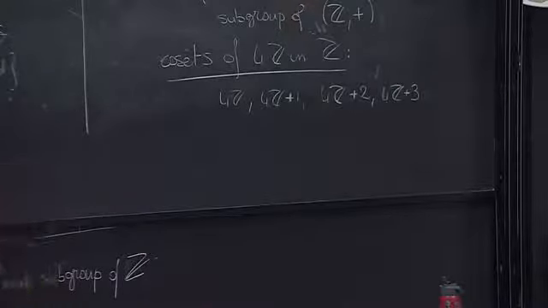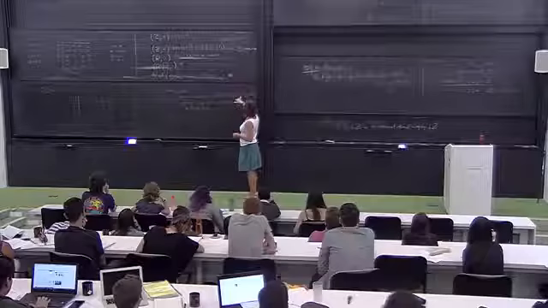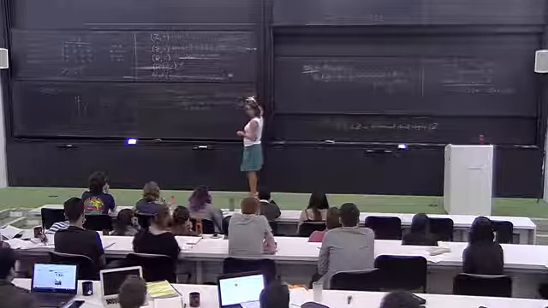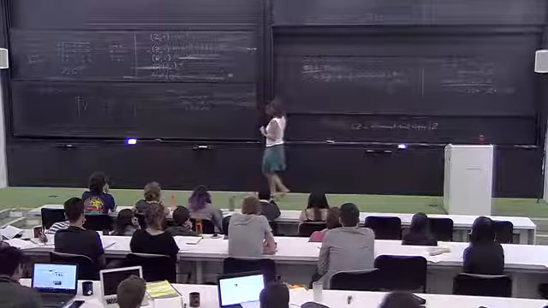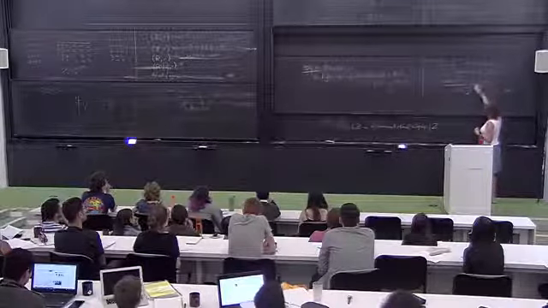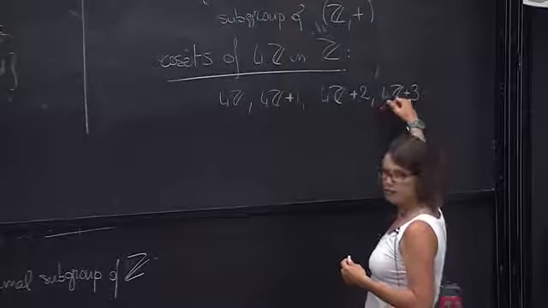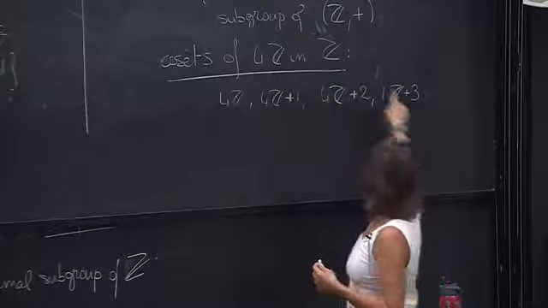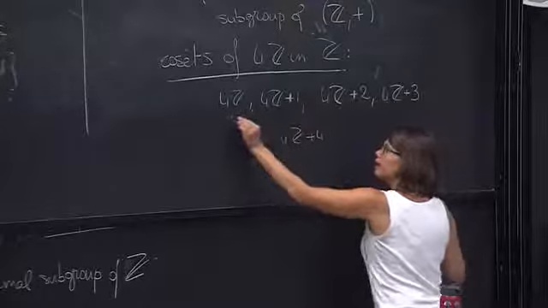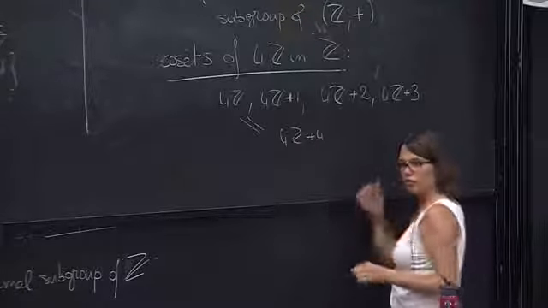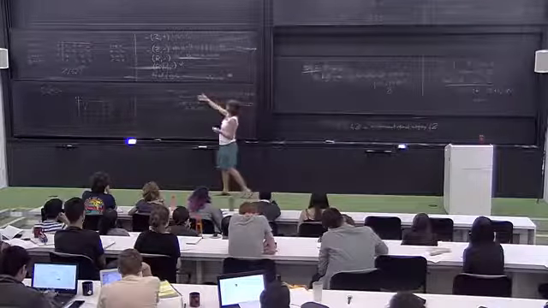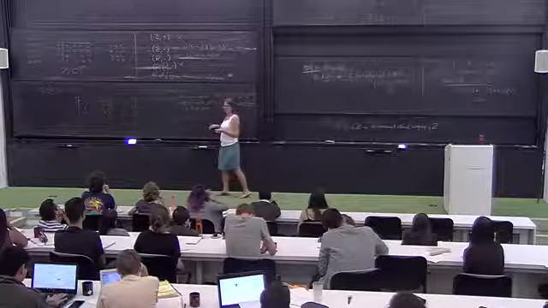And so here, what does it mean? This means that you take all these cosets where you vary G in the group you started with. And here, the group you started with is the whole group of integers with the addition, and we have seen that we only have 4 cosets, because the others, if you look at this one, you can see what it is explicitly. It's exactly this one. So you go back to your, okay? And so by definition, the factor group or the equivalence class here is just given by these 4 elements, okay?